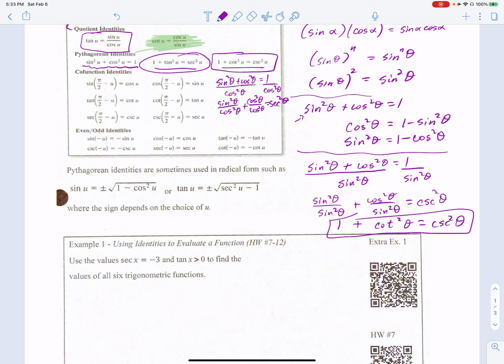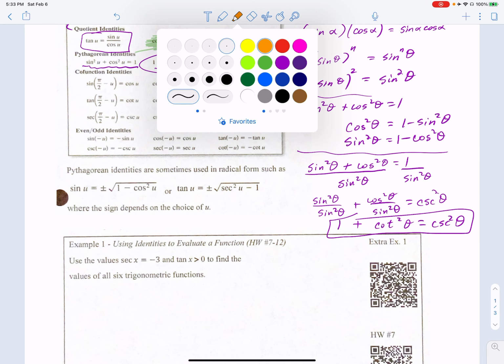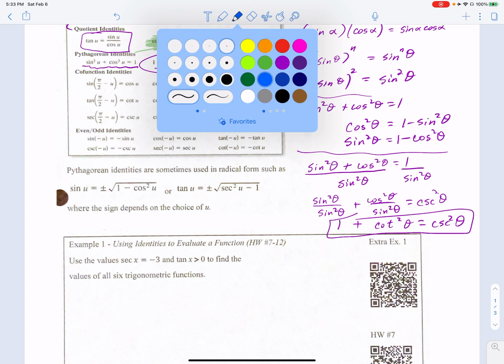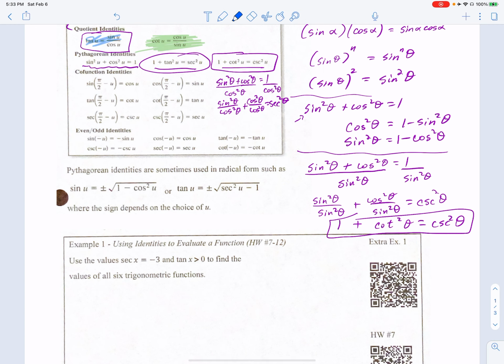And then sine over cosine is tangent. So sine squared over cosine squared is tangent squared theta, plus 1 equals secant squared.